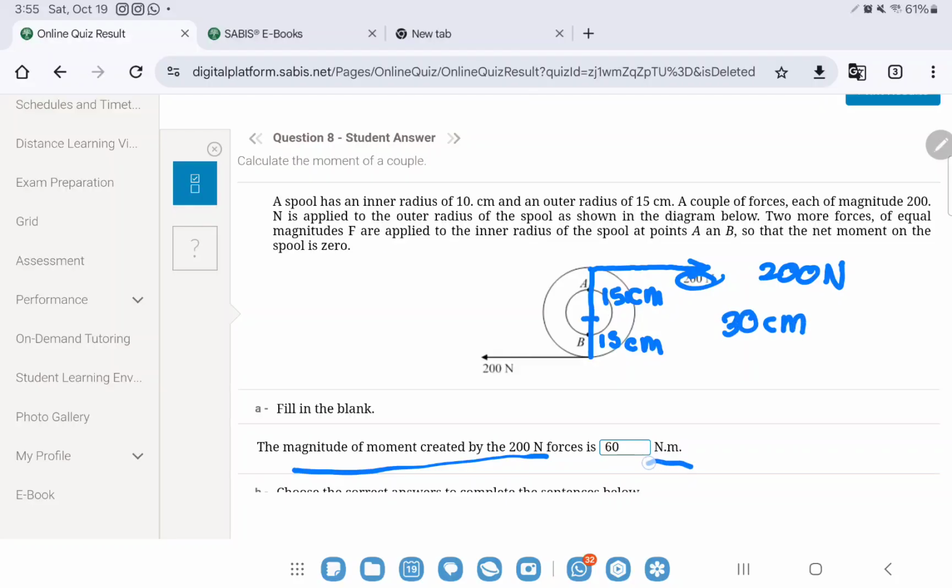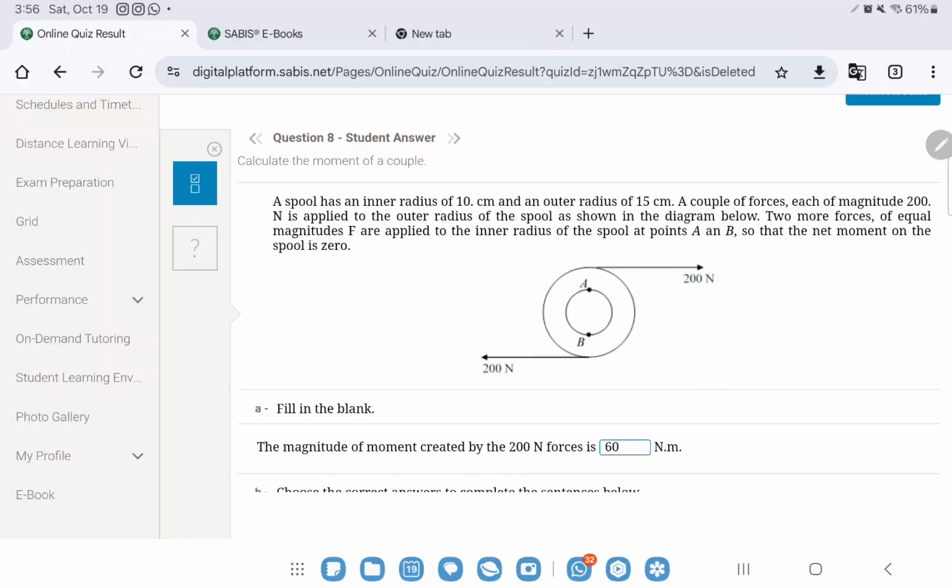Since they want it in Newton meters, we need to make this meters. So 30 centimeters is 0.3 meters. Using your calculator, 200 newtons times 0.3, you get 60 Newton meters for your first answer.